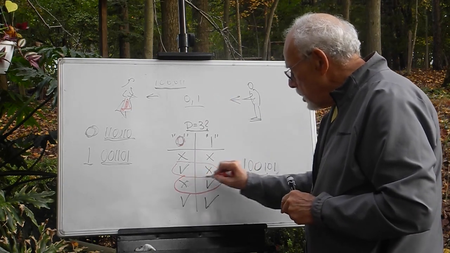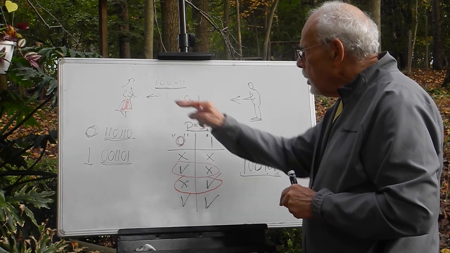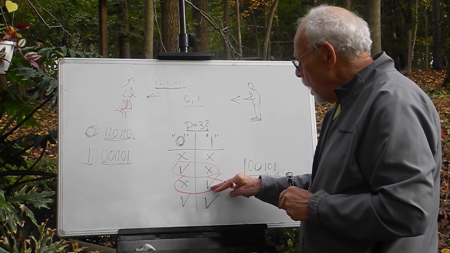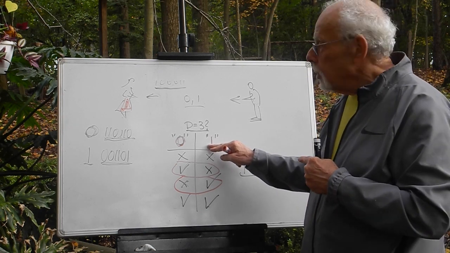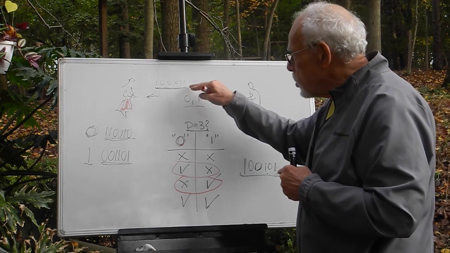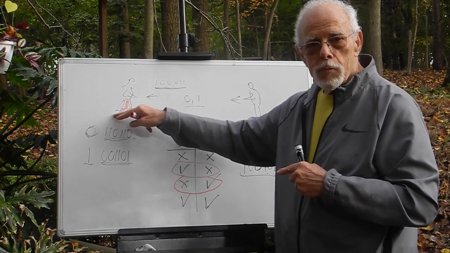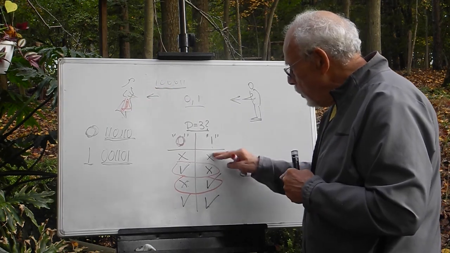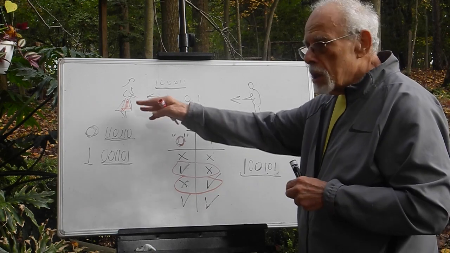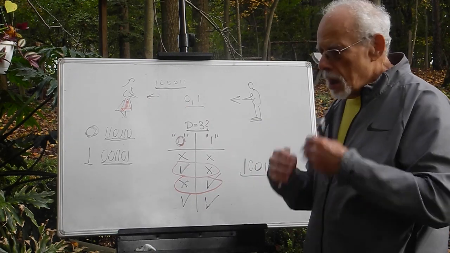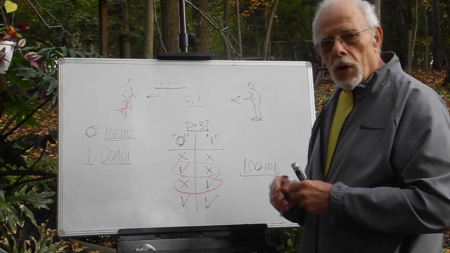If this is the case, then the recipient will say, I received the message 1, and interpret this string as 1. If this is any of these other cases, the recipient discards, ignores, moves on.